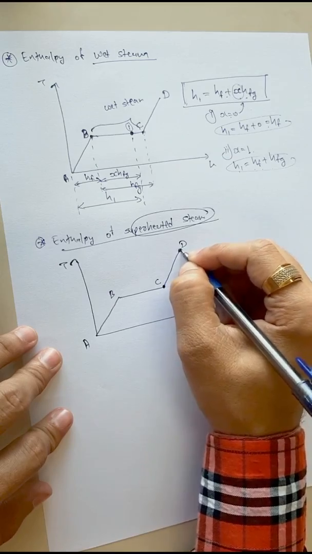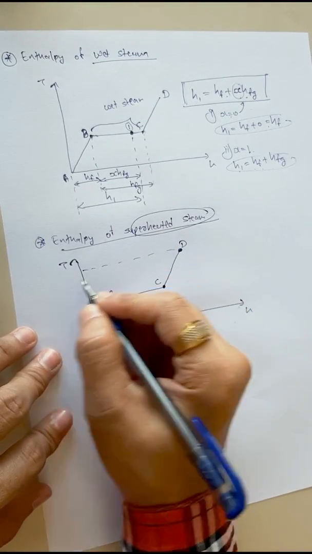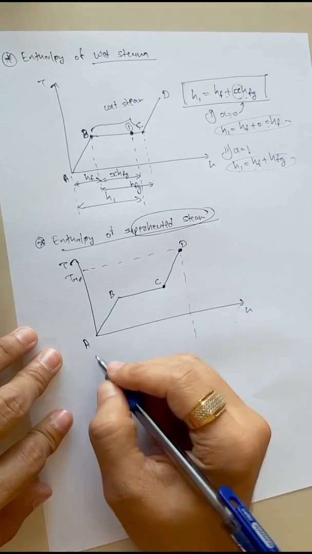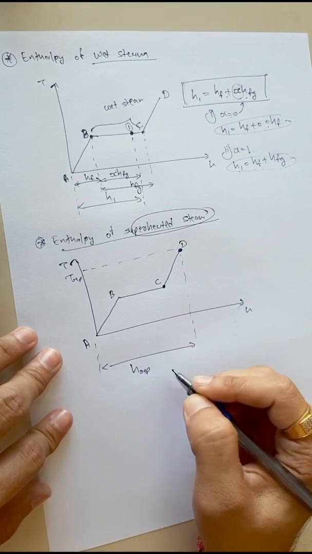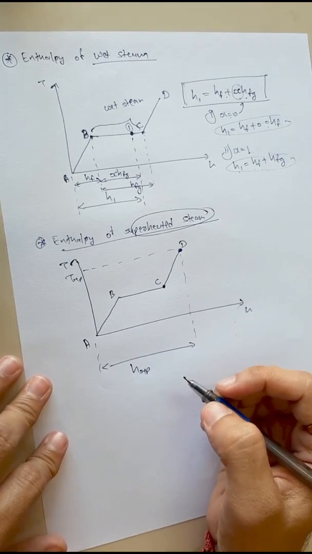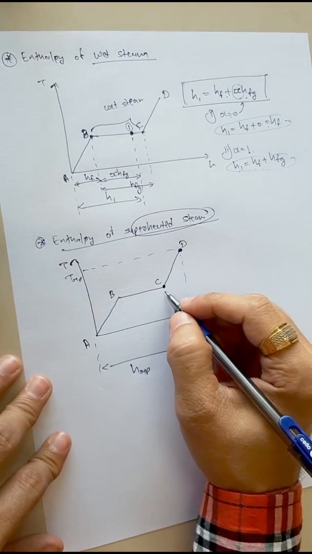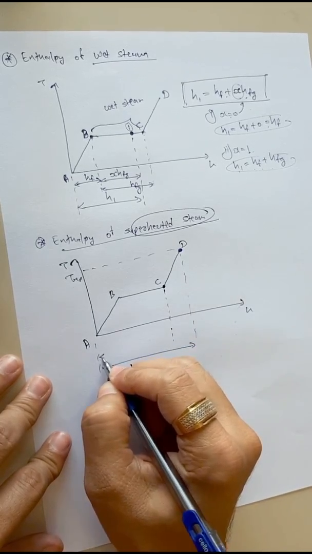Suppose I want to find the enthalpy at point D, that is superheated. This is the enthalpy up to point D. This is H super, the enthalpy of superheated steam. So now I can divide it into two parts or three parts. First, consider two parts.